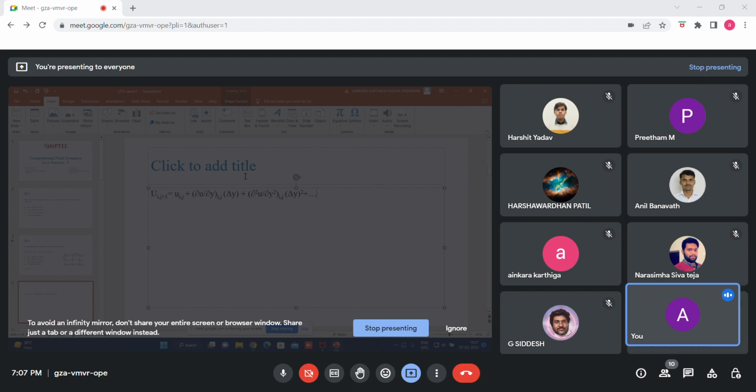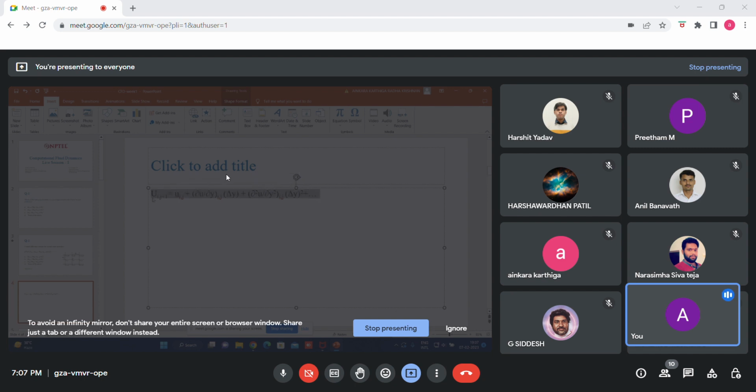When we are considering up to the second order derivative, this is the approximation for finding u(i, j+1), where we use u(i, j) and ∂u/∂y at (i, j) into delta y plus ∂²u/∂y² at (i, j) into delta y square. This is the Taylor series approximation for finding the point u(i, j+1).